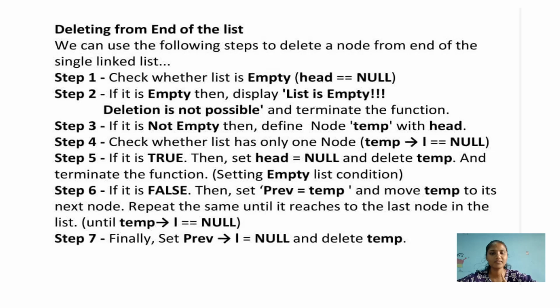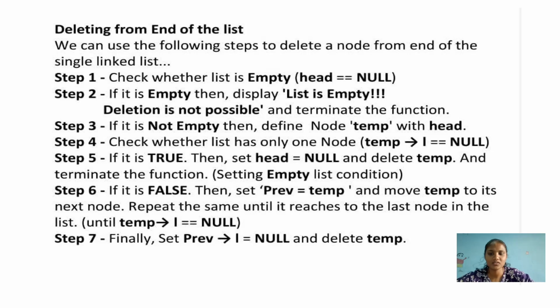Now, if the list is not empty, as we need to delete the last node, we assign a temp such that we move the temp variable until temp of link is not equal to null, so that we know the last node. We assign a previous node such that previous equals temp. The previous node points to the node before the last.